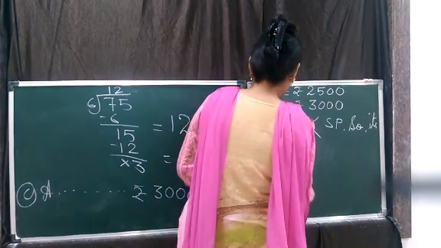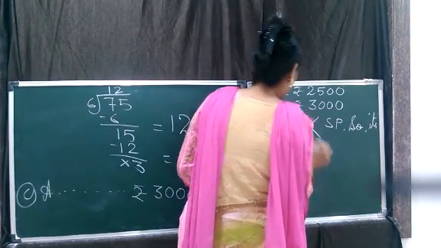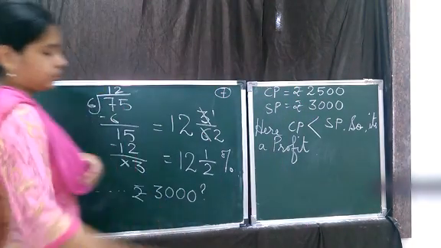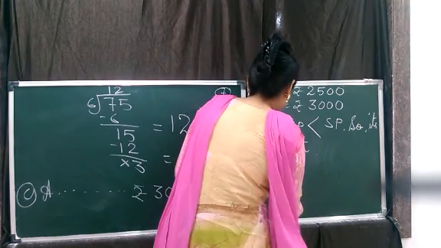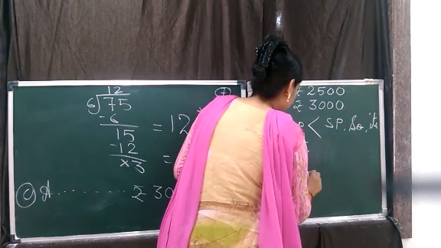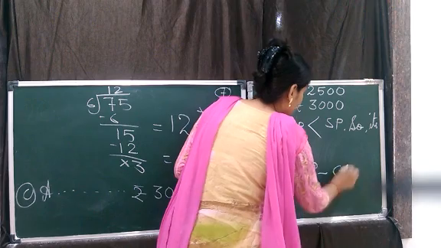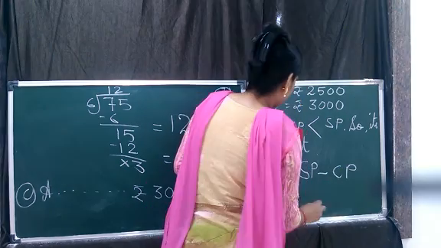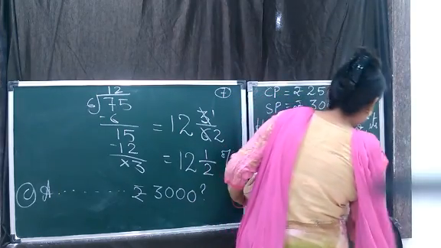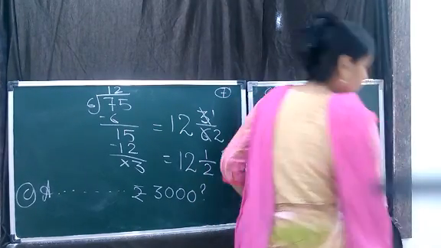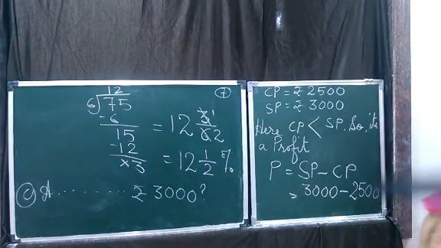It's a profit. And how to find out profit? Profit is the difference of these two, that is P is equal to SP minus CP, that is 3,000 minus 2,500.